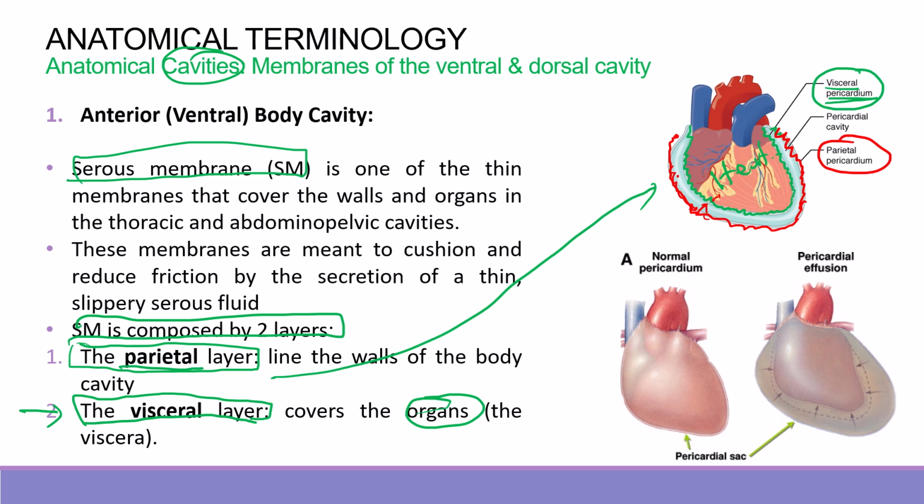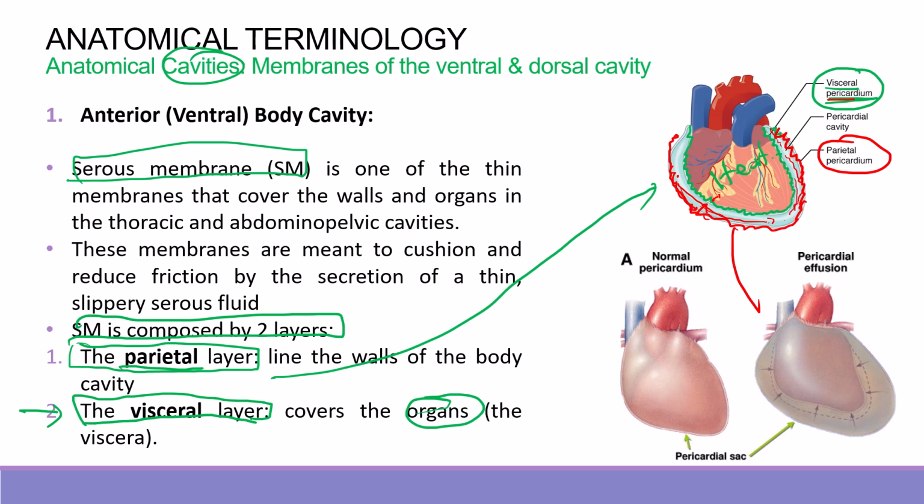This takes importance or is relevant in conditions in which, for example, there's a space between those two layers in the heart, between the visceral and parietal pericardium, and those layers contain a little bit of fluid between them called the pericardial fluid.